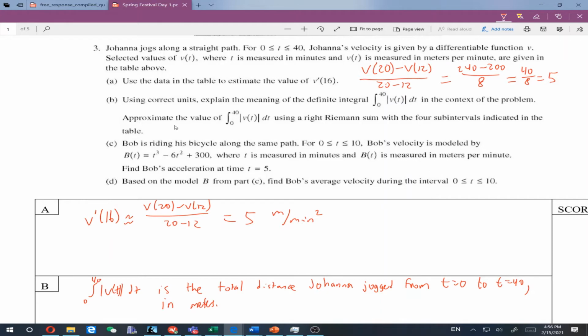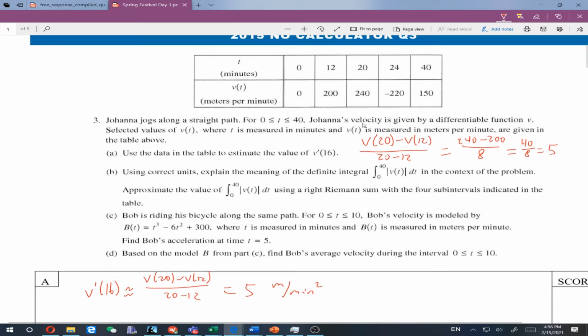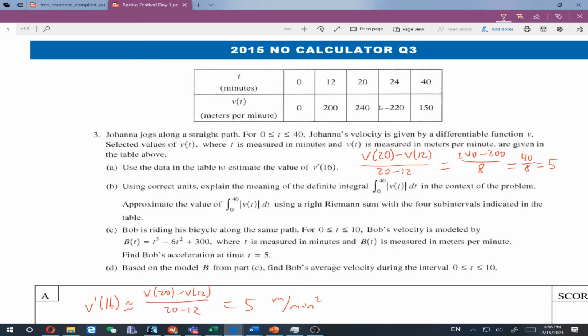Over to Kyle. I want to approximate the integral from 0 to 40 of the absolute value of v(t) using a right Riemann sum with the 4 subintervals indicated by the table. What do we need to do? Okay, I'm going to zoom out a little bit.